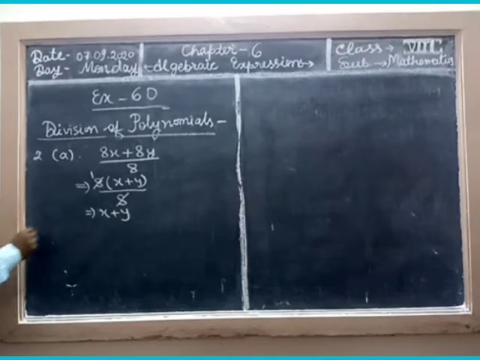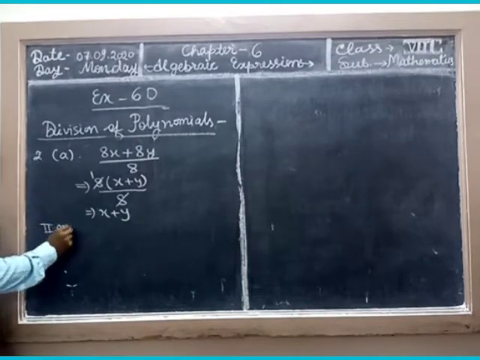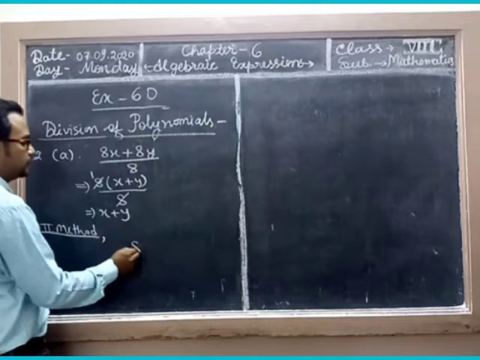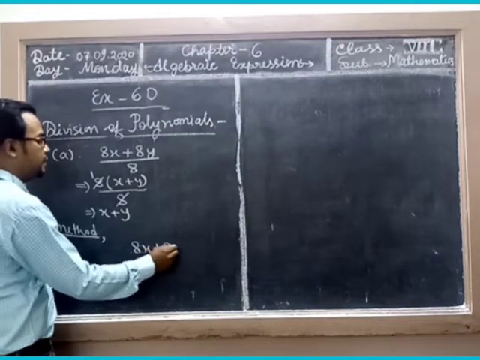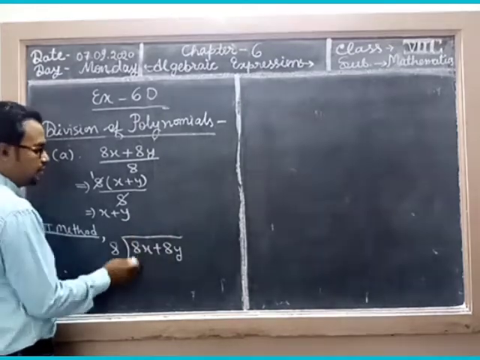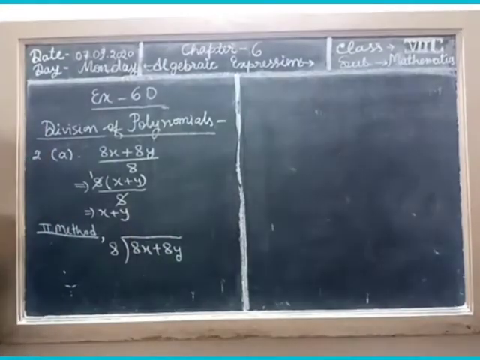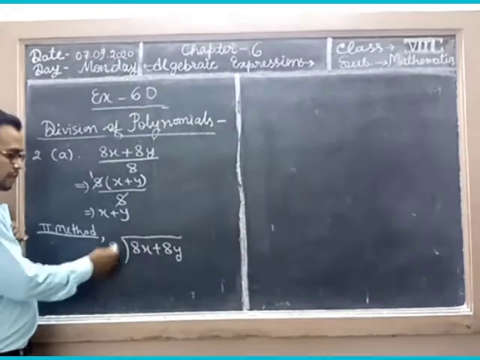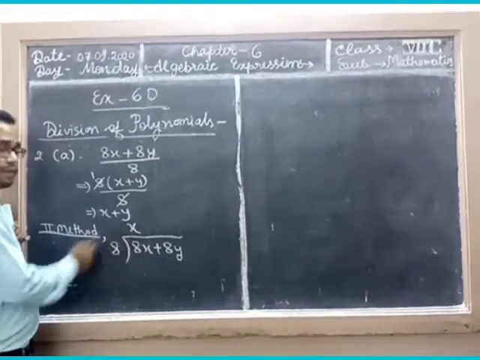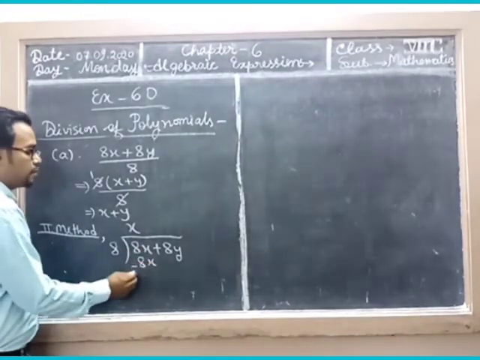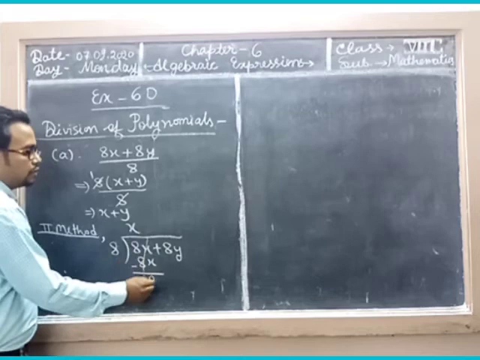Clear? Now second method, 8x plus 8y divided by 8. Initially here we want to get 8x, so 8 is multiplied with x. So 8 into x, 8x. Now subtract, cancel out. Now 8y comes.